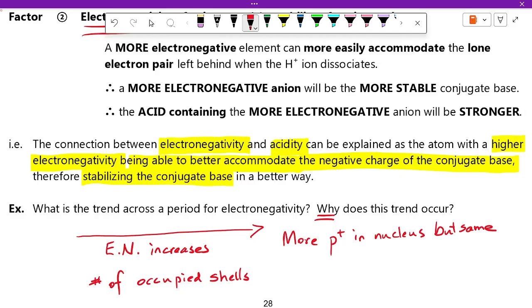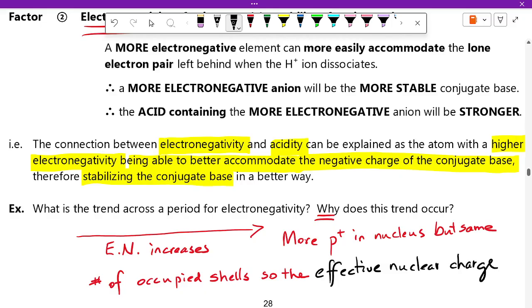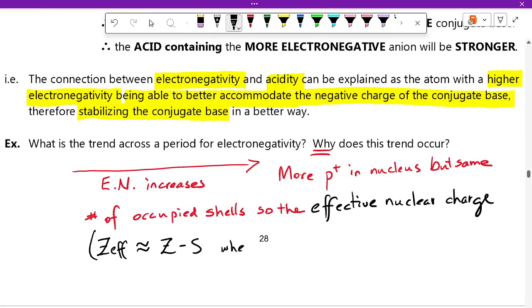So the effective nuclear charge. We have more protons, but the same number of occupied shells.